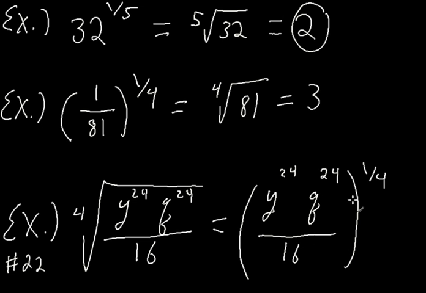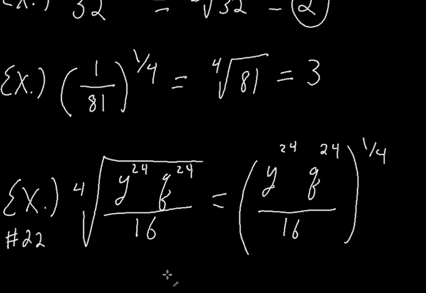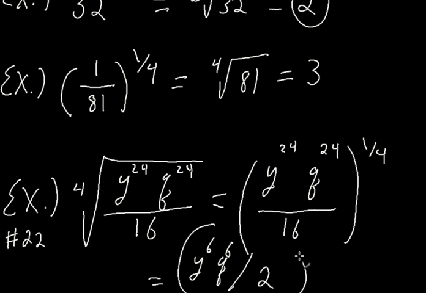I can distribute the 1/4 to these exponents. I'm just going to divide 24 by 4, 24 by 4, and I do have to do 16 to the 1/4. So this would be y to the 6th, q to the 6th, over 2, because 2 times itself 4 times is 16.